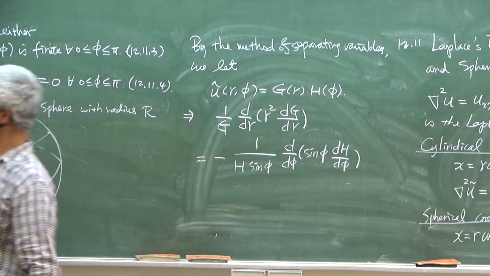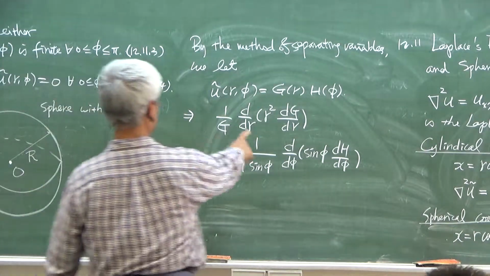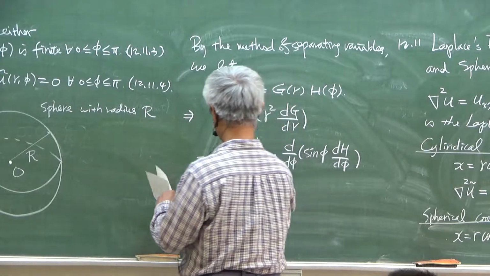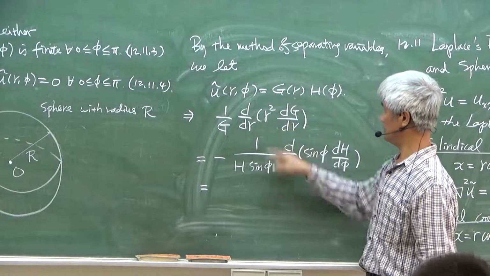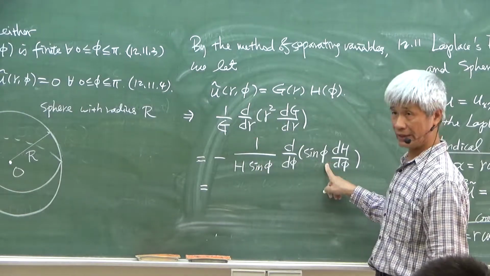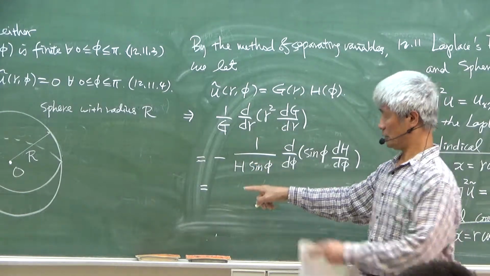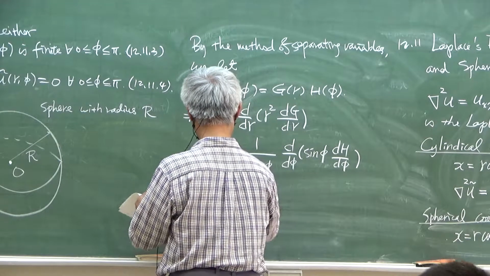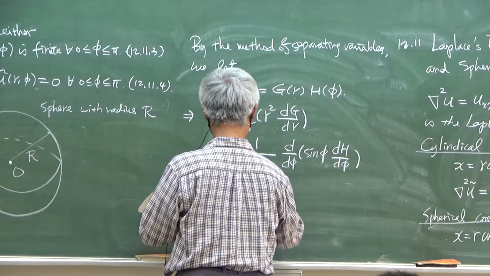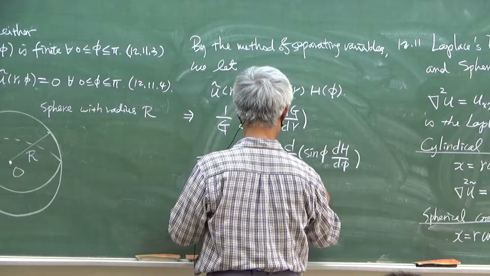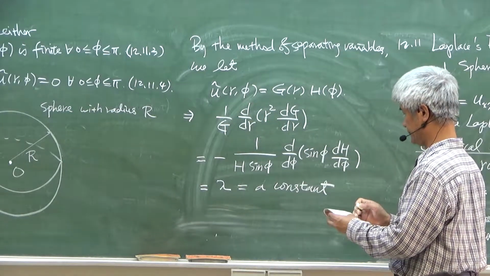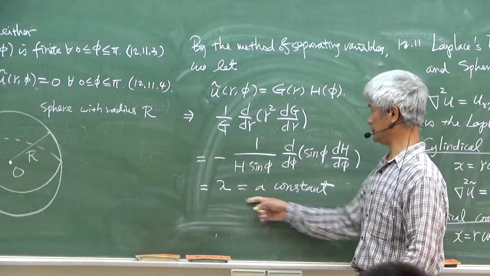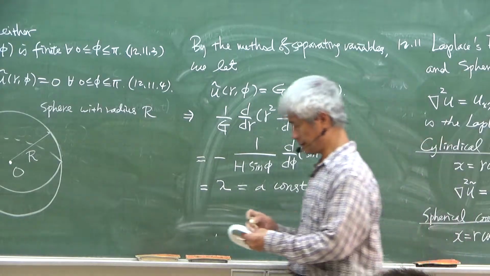When we plug in here, one side is a function of r, the other is a function of phi, and they are equal, so they must be equal to a constant. We let this constant be lambda.